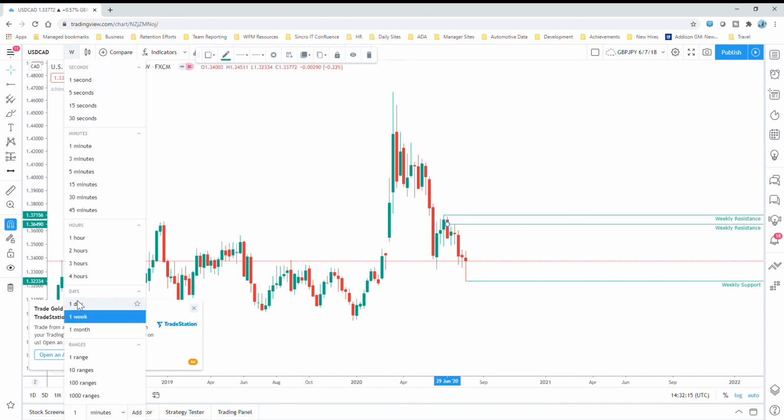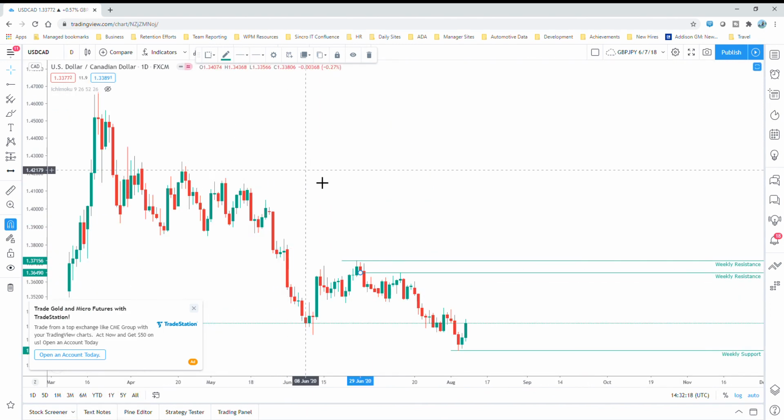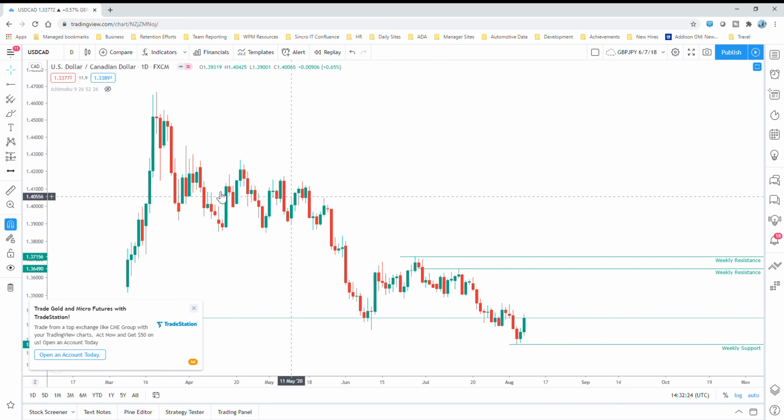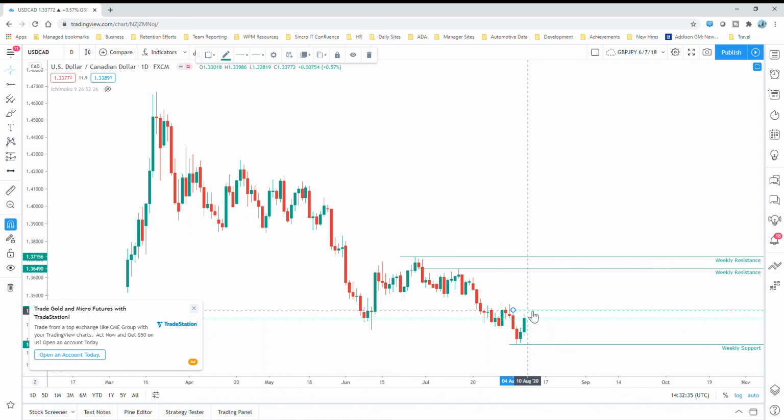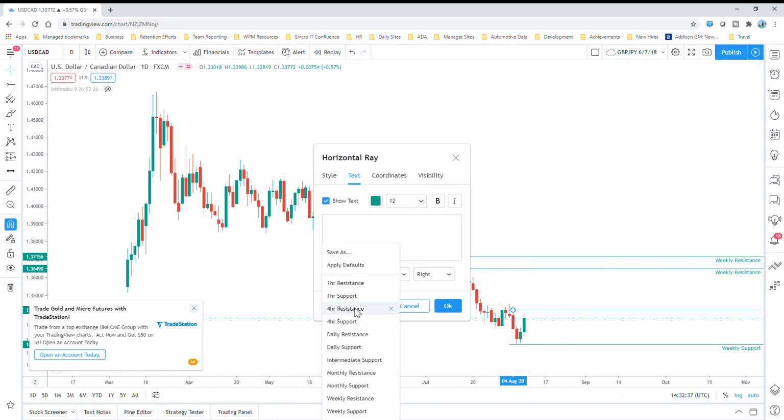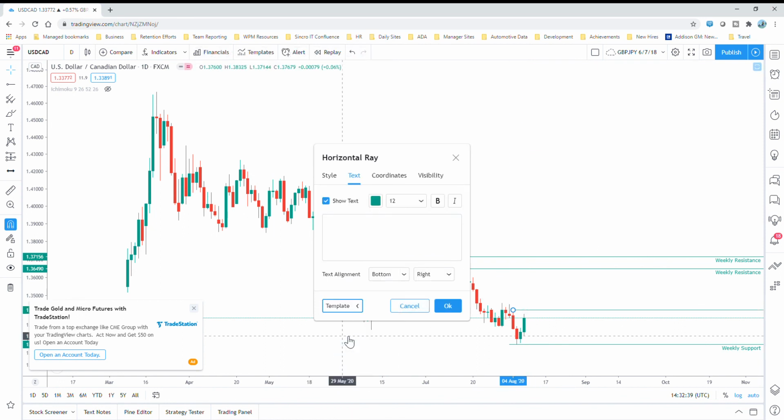And we'll drop down to the daily time frame, and you'll see there's some confluence here, right? Multiple time frames, we have similar areas to watch. So that weekly support is also going to be my daily support. I'm going to mark this area here as a daily resistance. And this is a zone too, right?